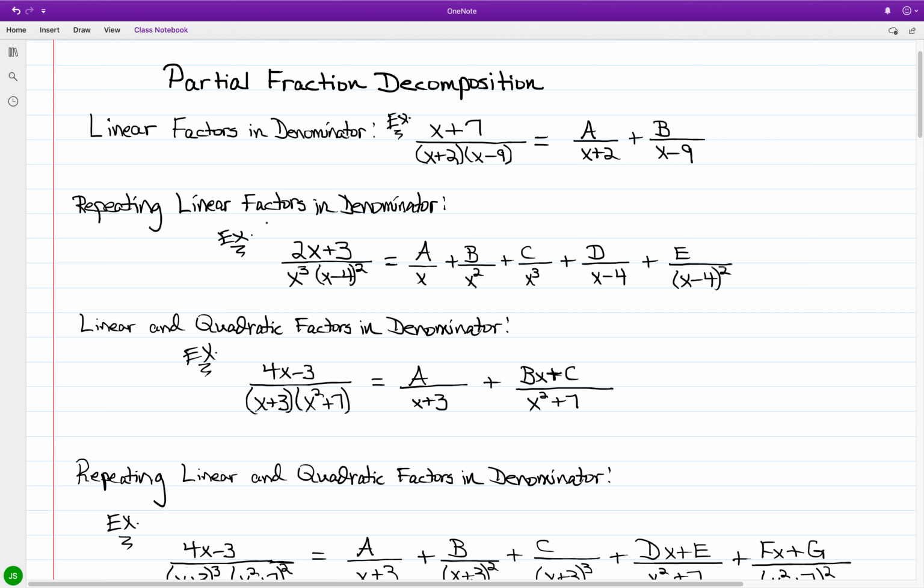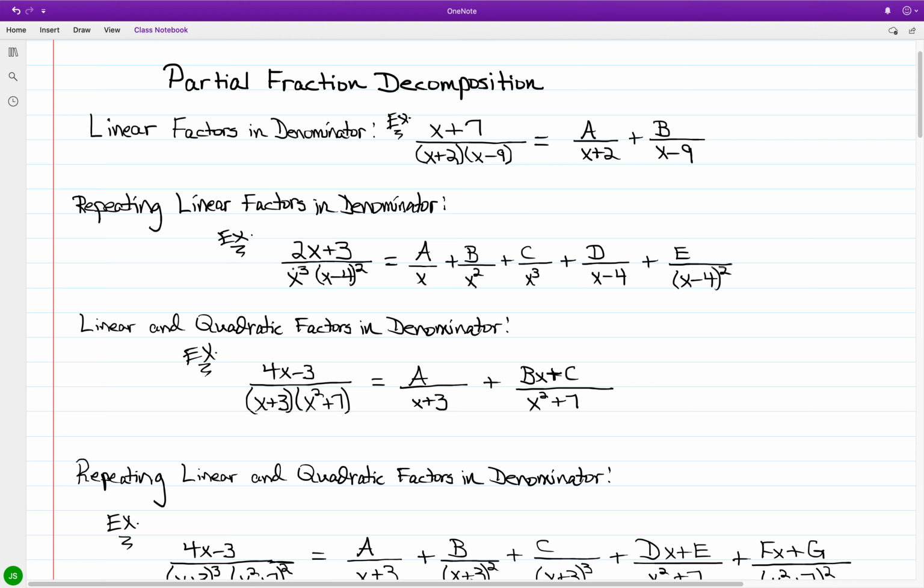Now, if you have, let's say, repeating linear factors in the denominator, and the linear factors we have are x and x minus 4, where x repeats, so we have x to the third, as well as x minus 4, which we have raised to the second. And again, the factors are x and x minus 4, so the numerator in each fraction will be a constant.